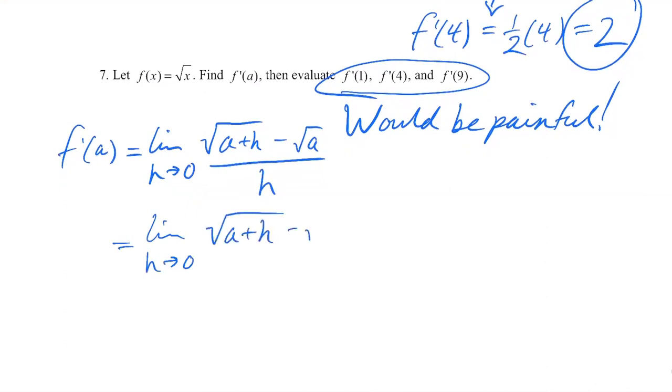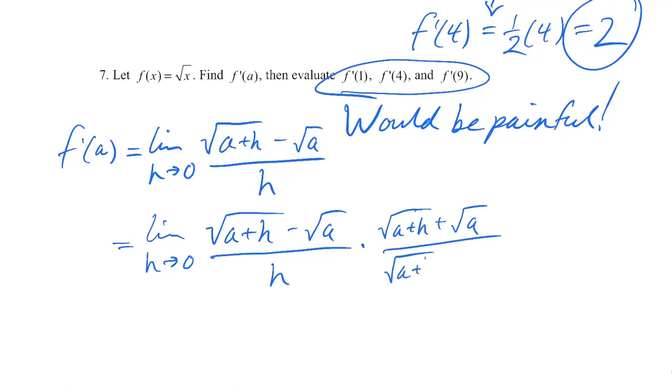Root a plus h minus root a. And as per our want, we are going to leave the bottom in with as little actual multiplication done as possible.